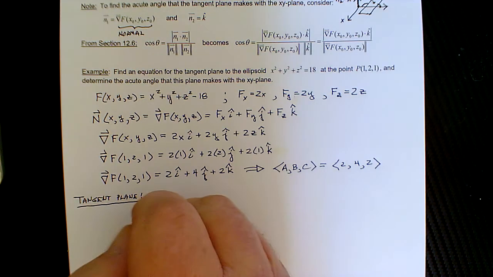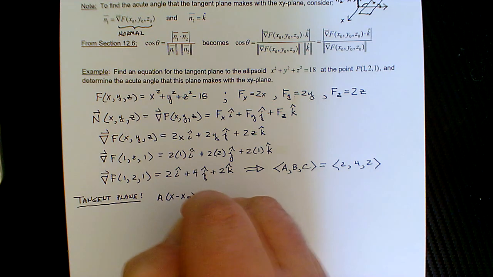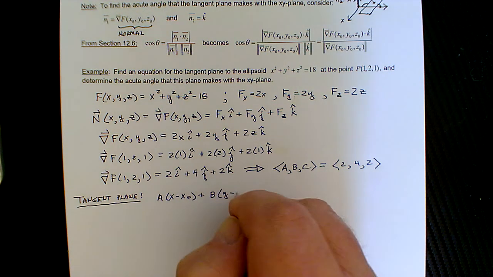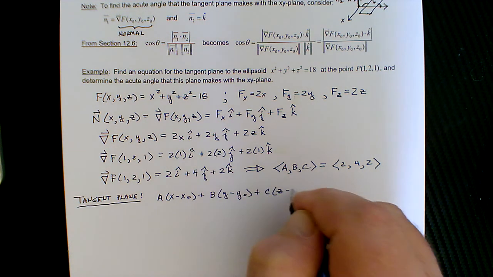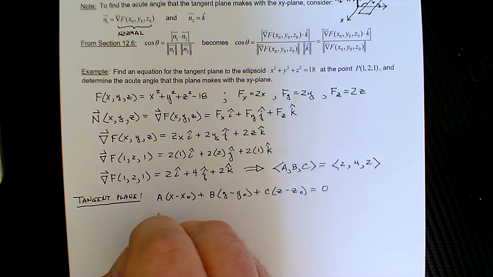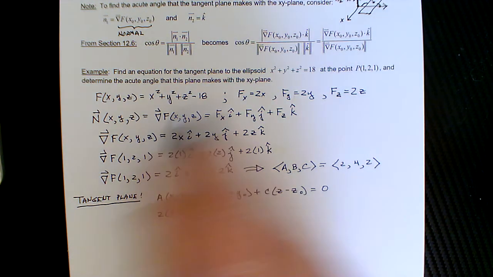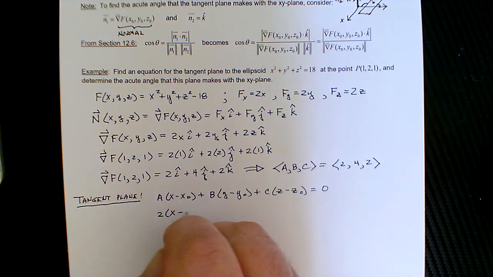Okay, so just extra practice like we did before. You don't have to write down the formula, a times x minus x sub 0 plus b times y minus y sub 0 plus c times z minus z sub 0 equals 0. So again, you could just jump right in. So 2 times x minus, okay, we're going back to the point, it was 1, 2, and 1.